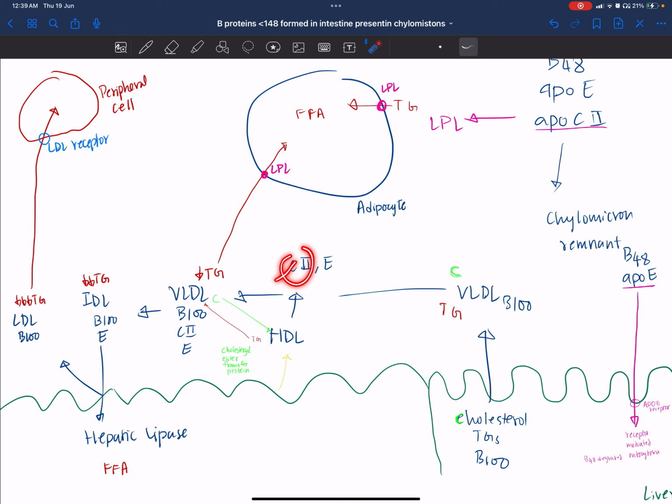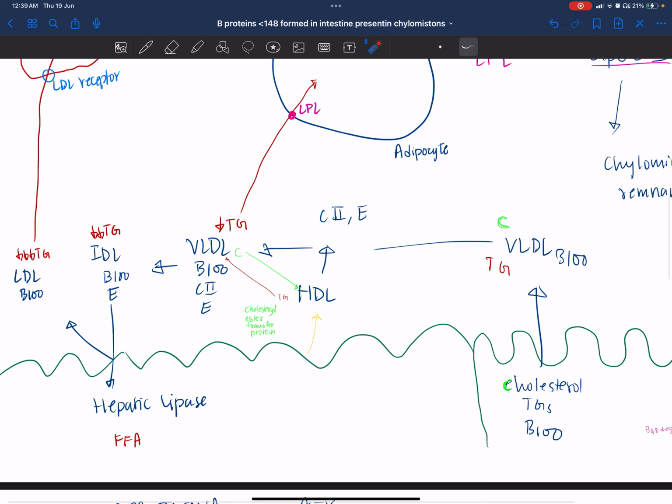The C2 will be used by the LPL to break up the triglycerides and give them to the adipocytes and make free fatty acids. Now, HDL had LCAT and it also has CETP, cholesterol ester transfer protein. What does it do? The VLDL has cholesterol.